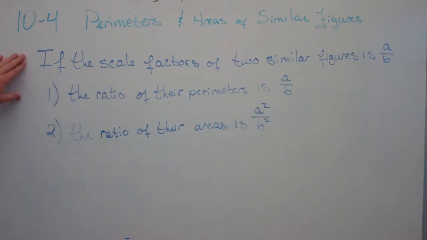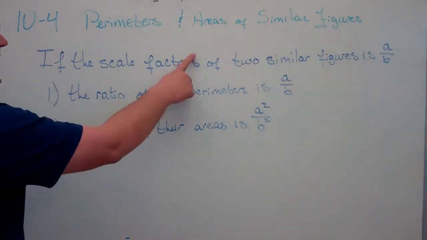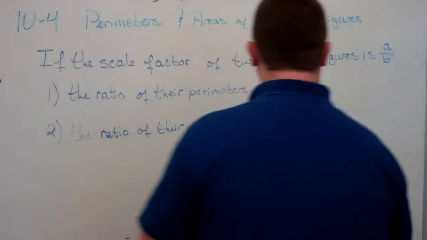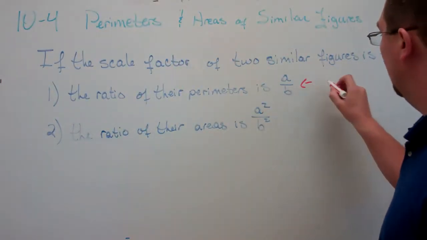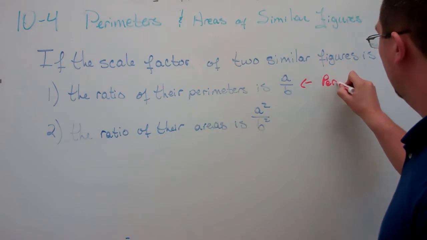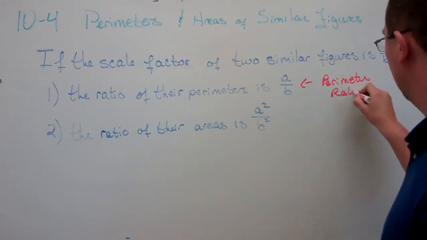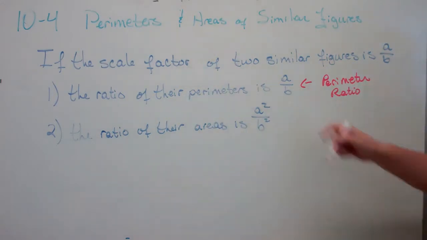So, if the scale factor of two similar figures is A over B, then number one, the ratio of their perimeters is also A over B. This is also referred to as the perimeter ratio.